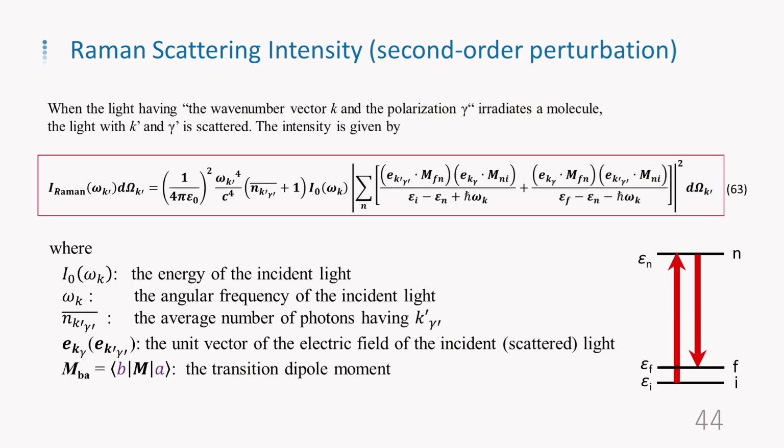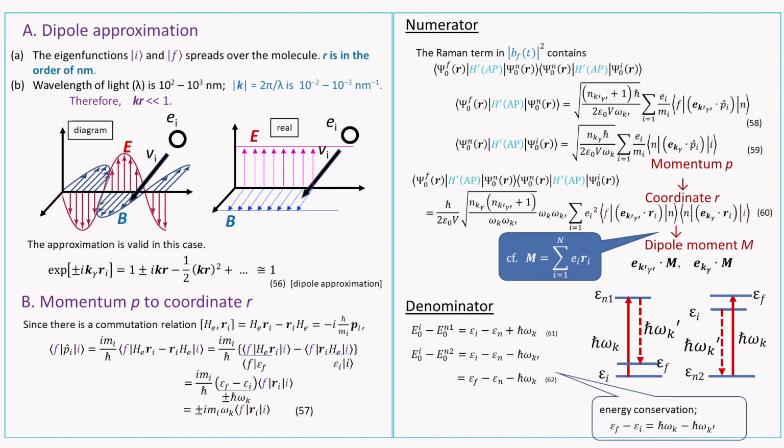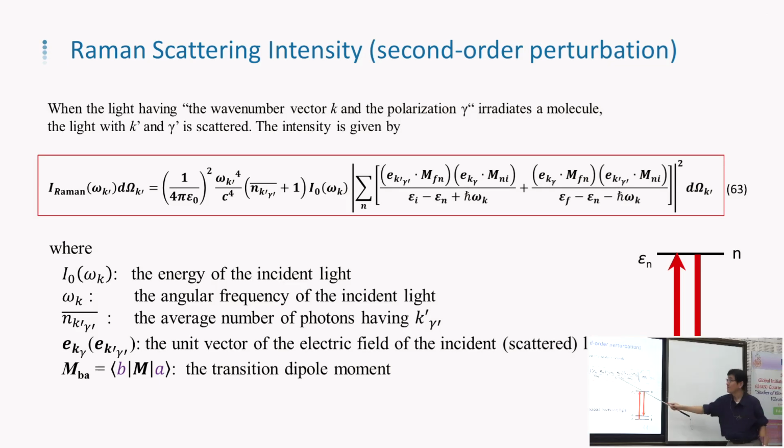M is introduced by replacing momentum with coordinate and then with dipole moment M. And the dipole moment M appears as an inner product with the polarization vectors e k gamma, e k prime gamma prime, or the inner product with e k gamma. It appears here. And there are two terms because there are two intermediate states, N1 and N2.